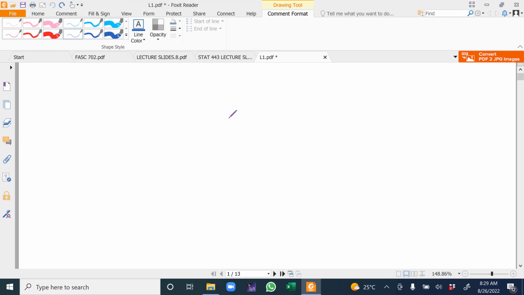So yes, if you are using the entire population for your study, then you are conducting a census. So census, you use the entire population for your study.